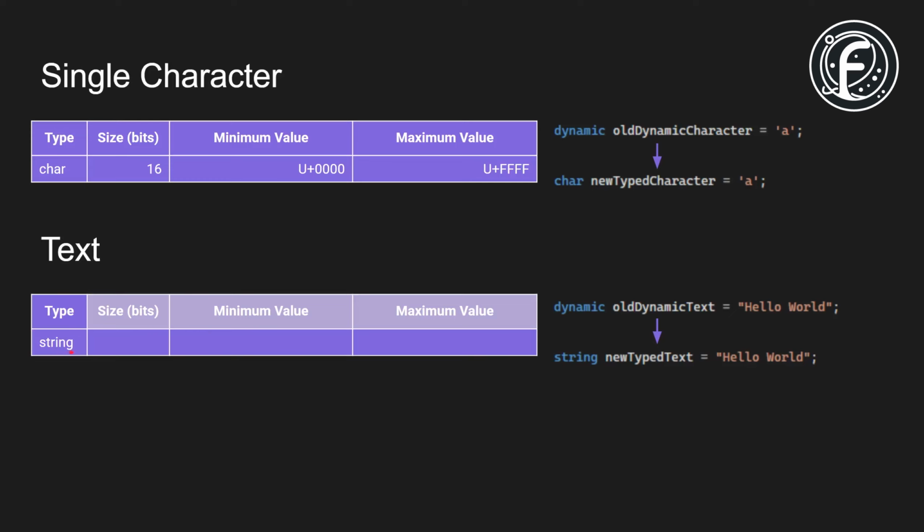So you need to know string is like a text with many chars, so if you have many of them, you would just use the string, and then you write like hello world, and you use string here.